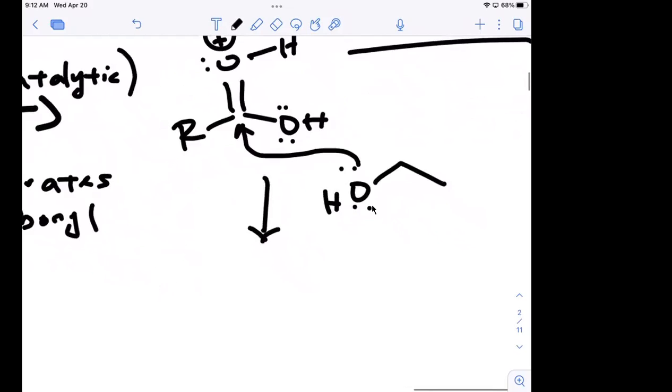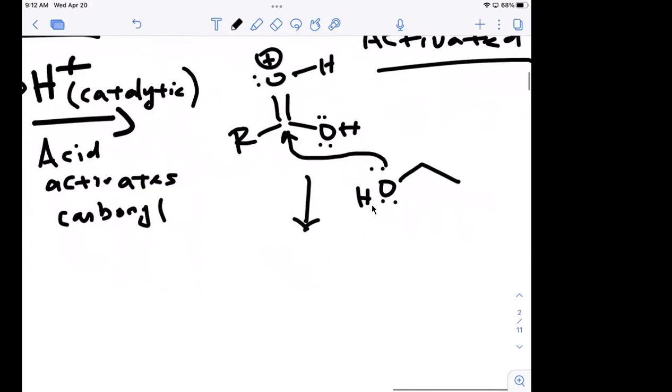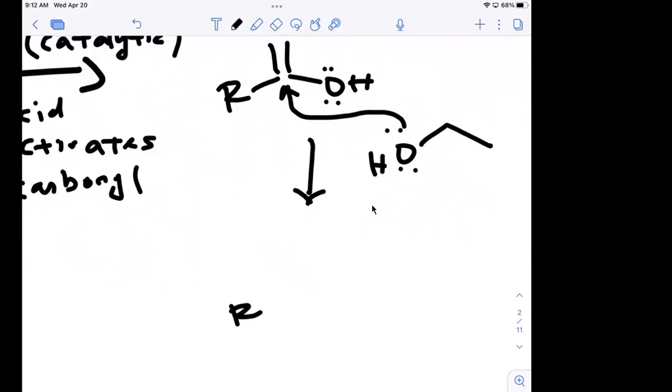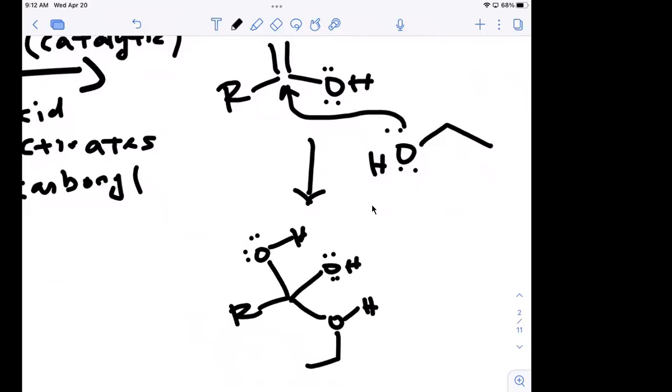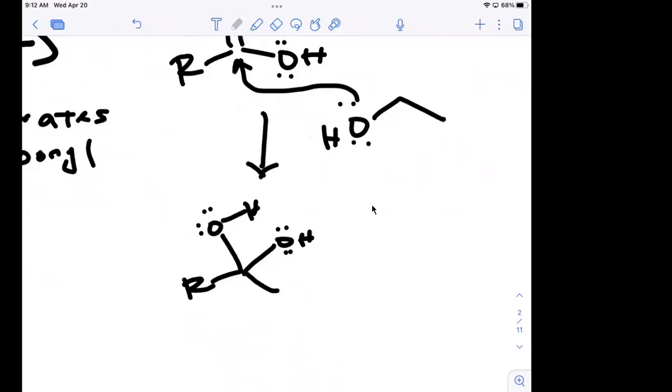So once your alcohol attacks, you're going to get an intermediate that looks like this. All right, let me change the color on alcohol. All right, so my alcohol now is here.